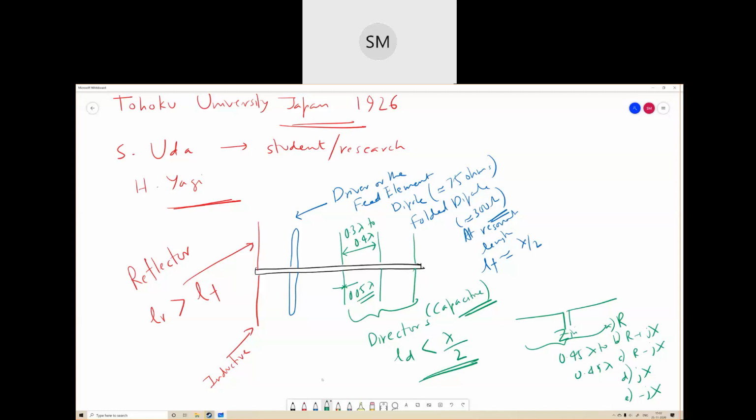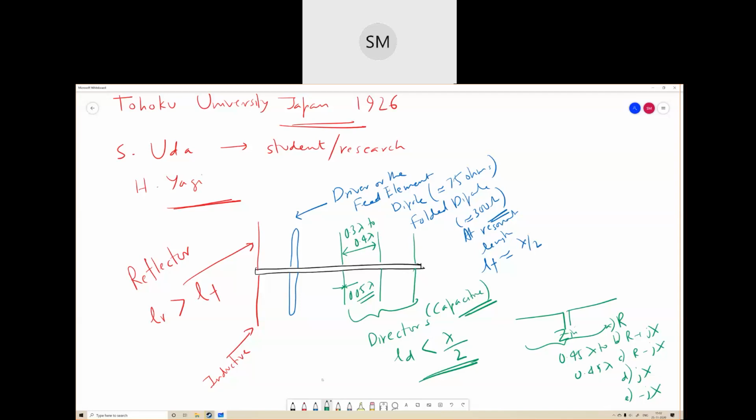Voltage leads or current leads for an inductor? Yes, right.